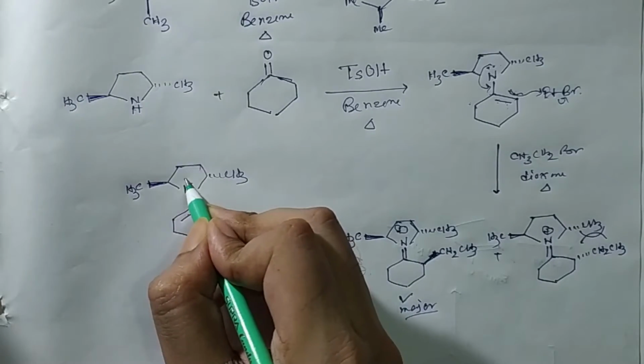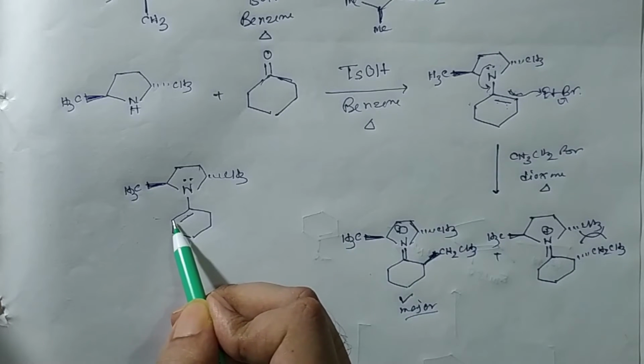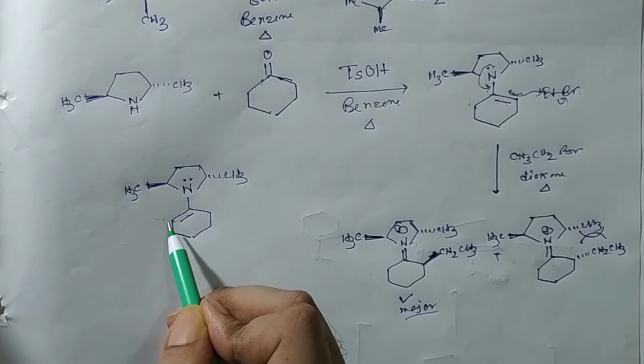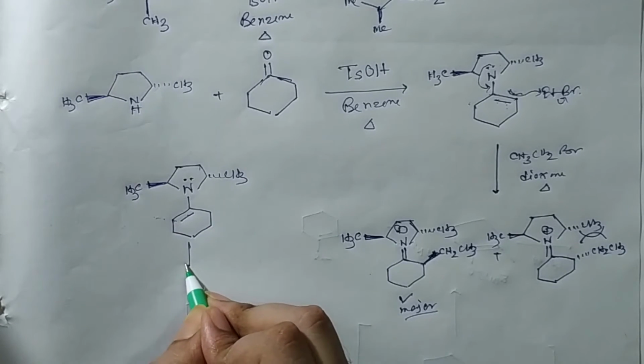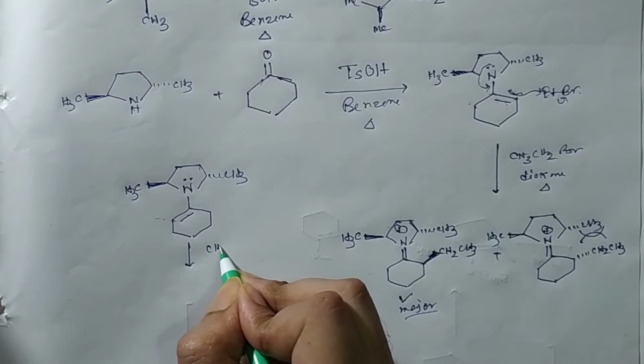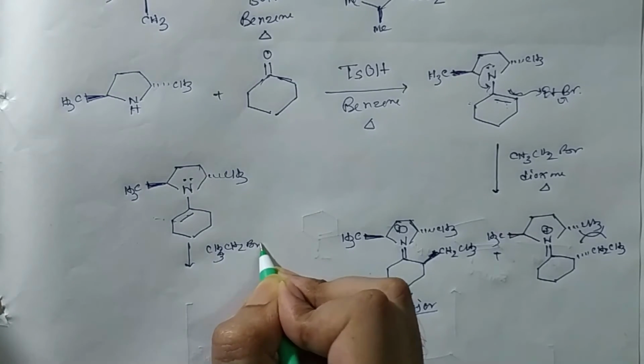So after that, what happens? If that reacts with the alkylating agent, which is ethyl bromide, the newly formed C-C bond will be below the plane, just to minimize the repulsion with this CH3. So the major product from this you will get.